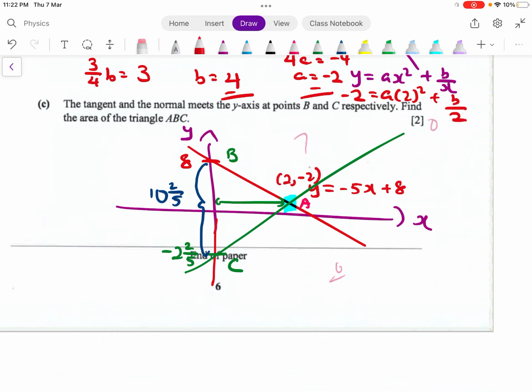Quite obvious, right? You can see that this is positive 2. So I simply use half times base times height. This will give you 10.4 units squared. So that is how we do question 5 part C.